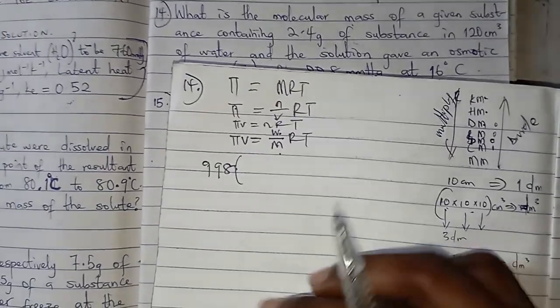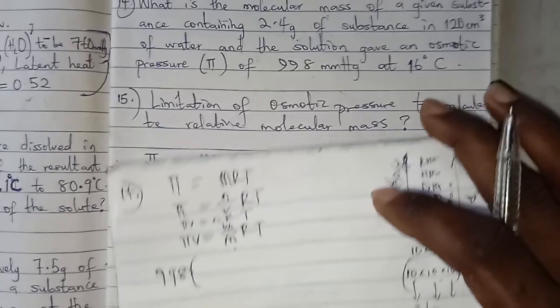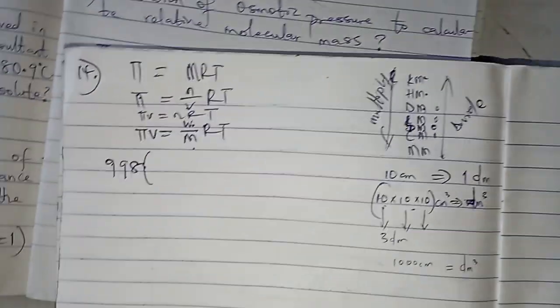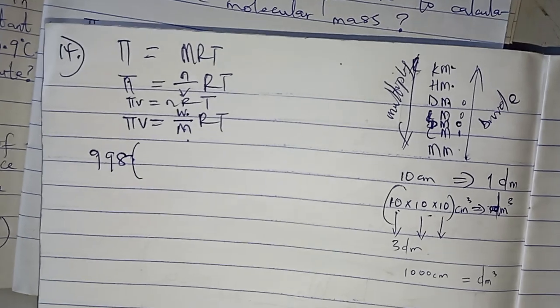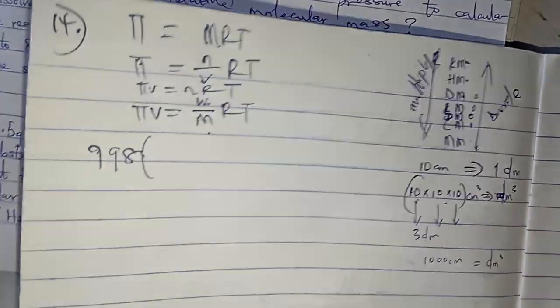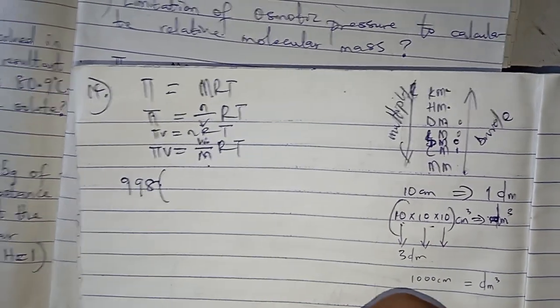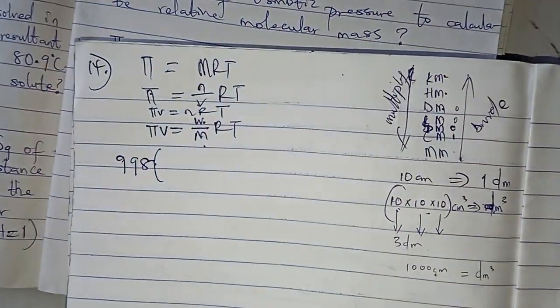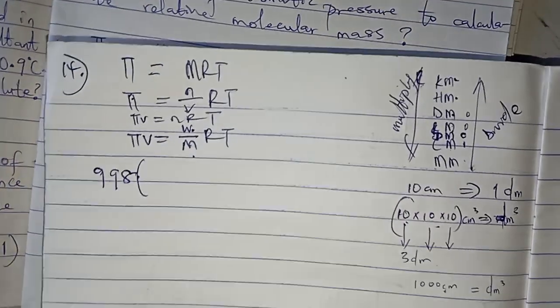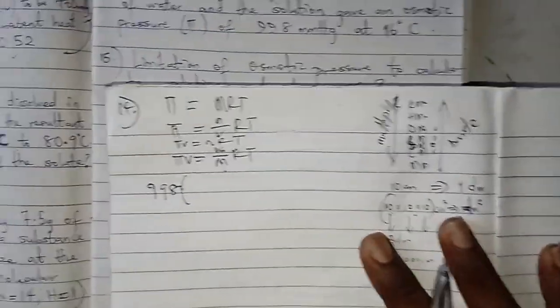So let's check that question. They said 120 centimeter cube. I can choose to use it, or I can convert. And in converting, I'll simply do 120 divided by 1000. Very simple. So if I do 120 divided by 1000, I get my decimeter cube.